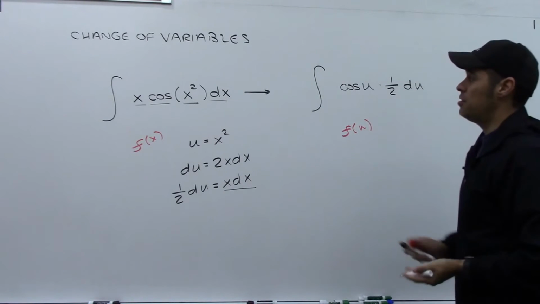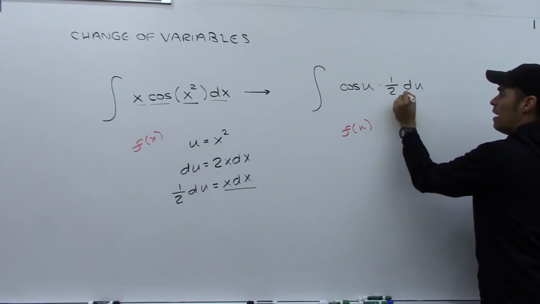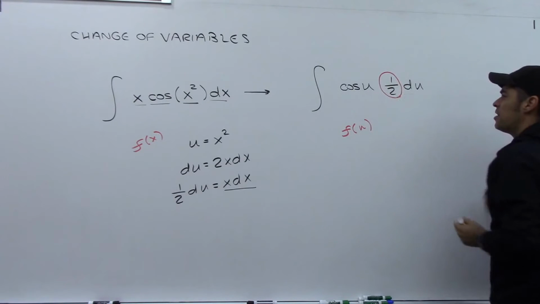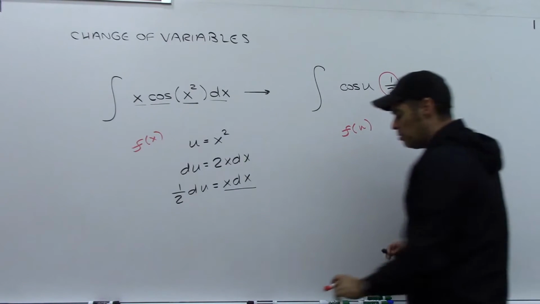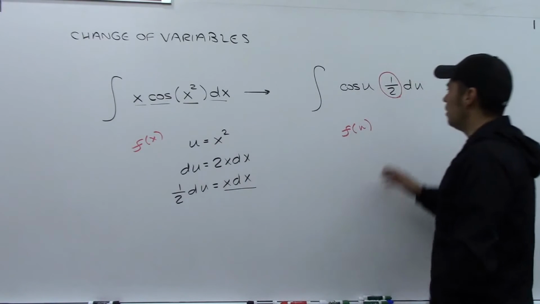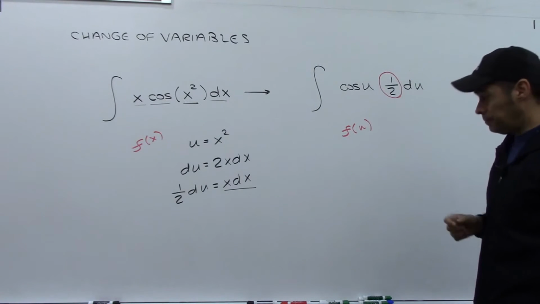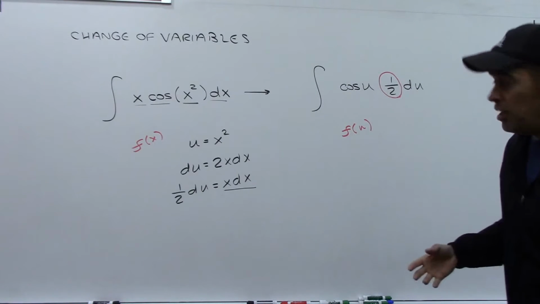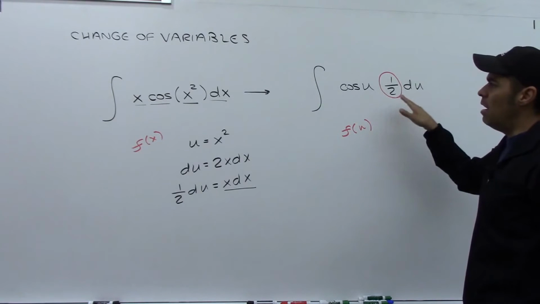So I have made a change of variables, but my dx did not become just du. I had to scale it by 1/2 in order to make this work. So that's what you did in Cal 2, but you didn't really realize at that point that this can be generalized into double integrals, and that we need a way of coming up with this number.